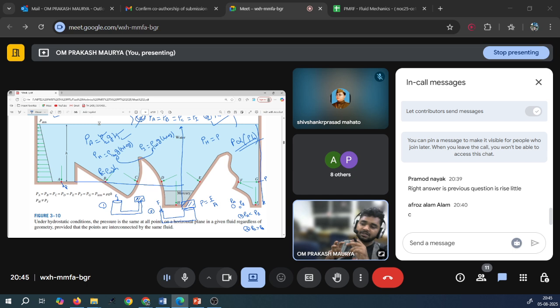So the question is, which machine is able to lift more weight? This is W1 and W2. W1 greater than W2, or option B, W2 greater than W1. Which option is correct? Just think on that.